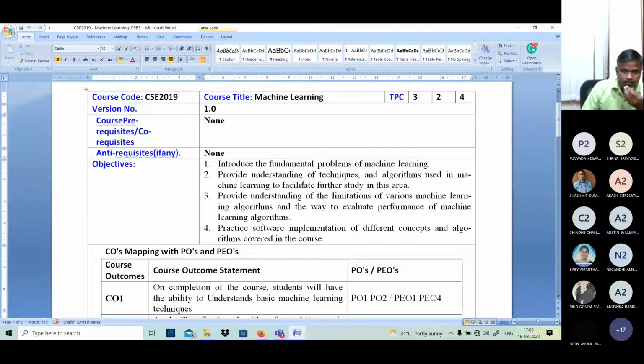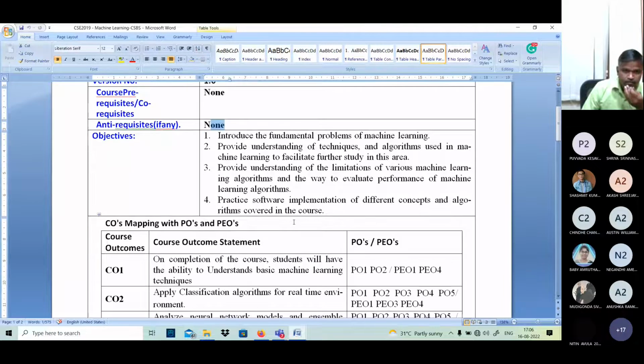For this course, you need not study any prerequisite, and there is also no anti-requisite. What are the objectives? Why do we study this subject?